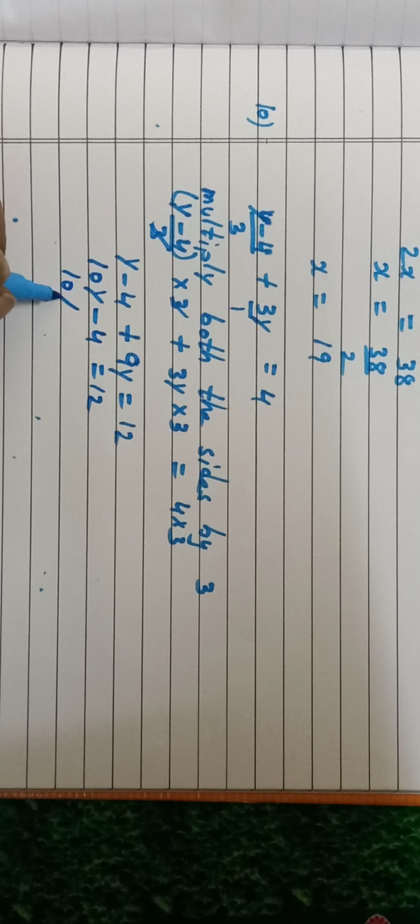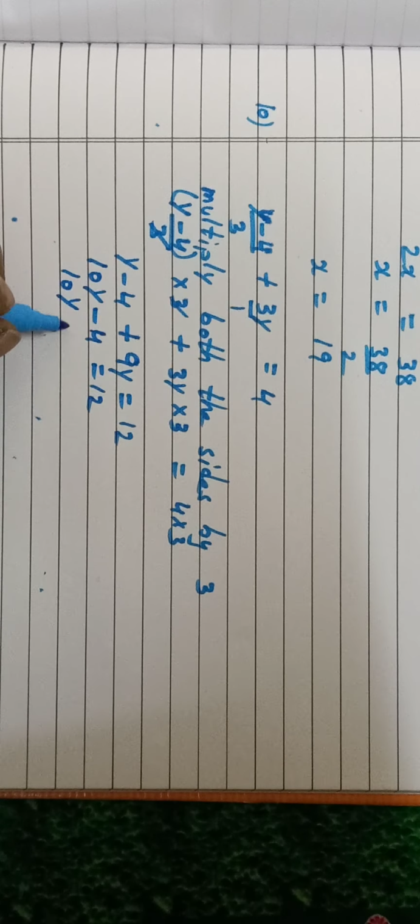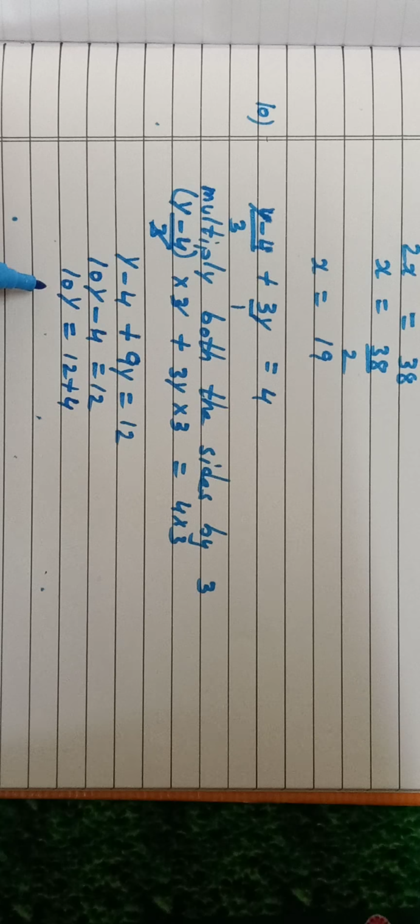So I can write 10y, minus 4 you take it to RHS. You will get 12 plus 4. 12 plus 4 is 16. So you will get 10y is equal to 16 and y is equal to 16 upon 10.